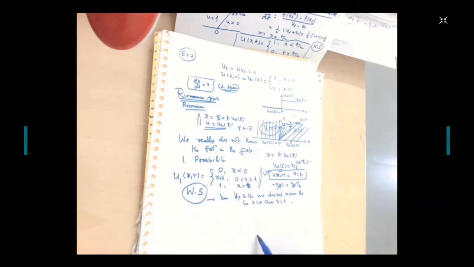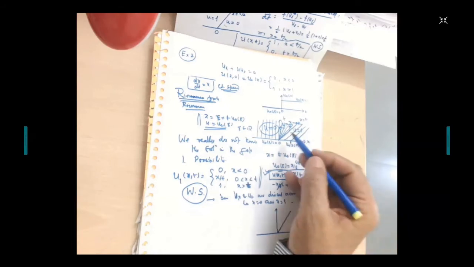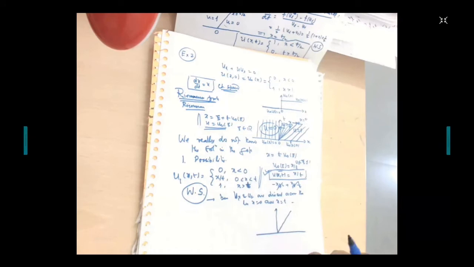Now you see there is another possibility. I can introduce a discontinuity in this region, so that it satisfies the RH condition. What is the RH condition? The RH condition is dx/dt is equal to f of ul minus f of ur divided by ul minus ur.